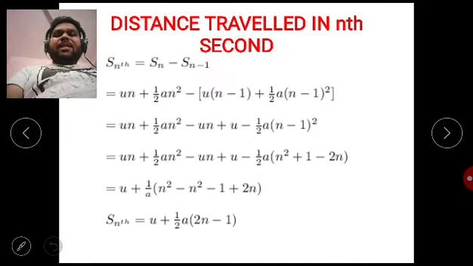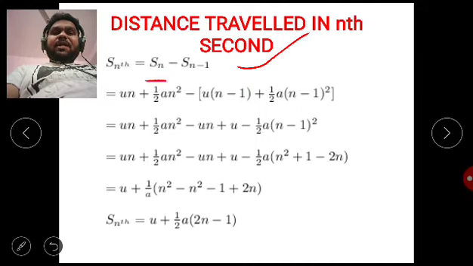How will you calculate distance traveled in the nth second? You will calculate it using common sense. Distance traveled in the nth second will be the distance traveled in n seconds minus the distance traveled in n − 1 seconds.